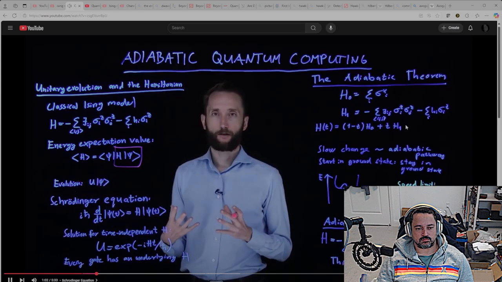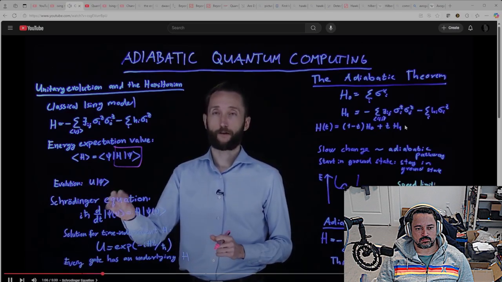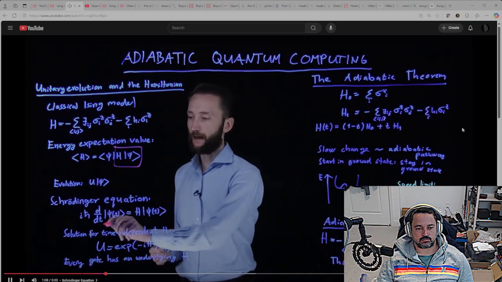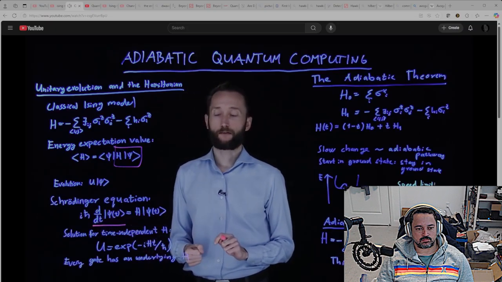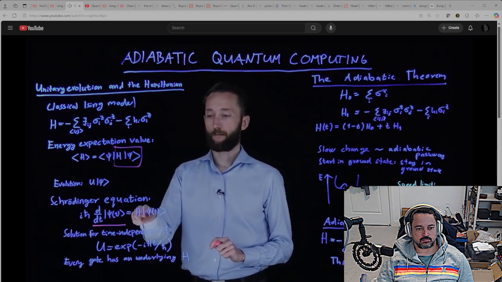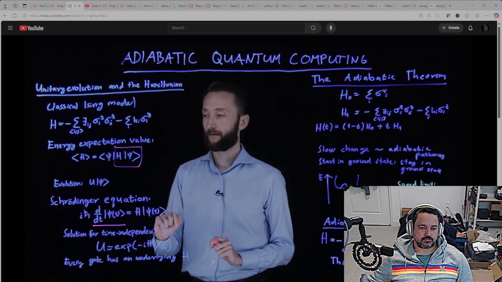And there is actually a correspondence, and this is what is described by the Schrödinger equation. It says that the temporal evolution of the system is described by the Hamiltonian applied to that time-dependent state.